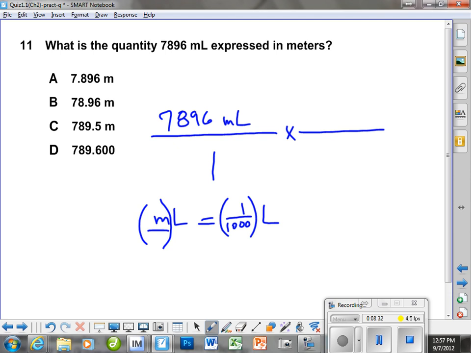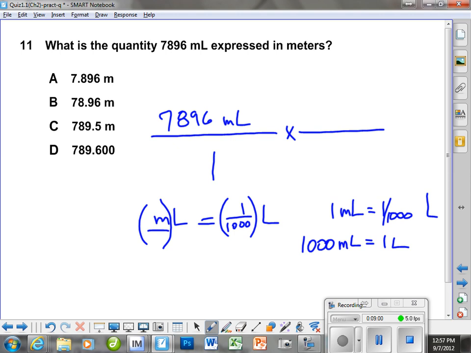That's how you create your conversion. Now we know that 1 milliliter is equal to 1/1000th of a liter. Now if we multiply both sides by 1,000, we know that 1,000 mils is equal to 1 liter.